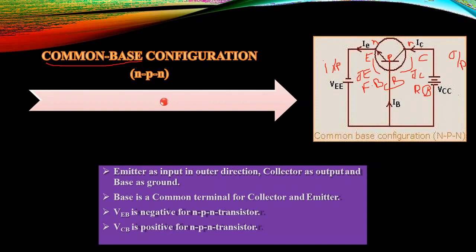In this scenario, we have to discuss what happens with respect to the current flow in the common base configuration. Indirectly, VE is a negative supply for the NPN transistor and this is a positive supply for the NPN transistor, in order to make JE forward biased and JC reverse biased.